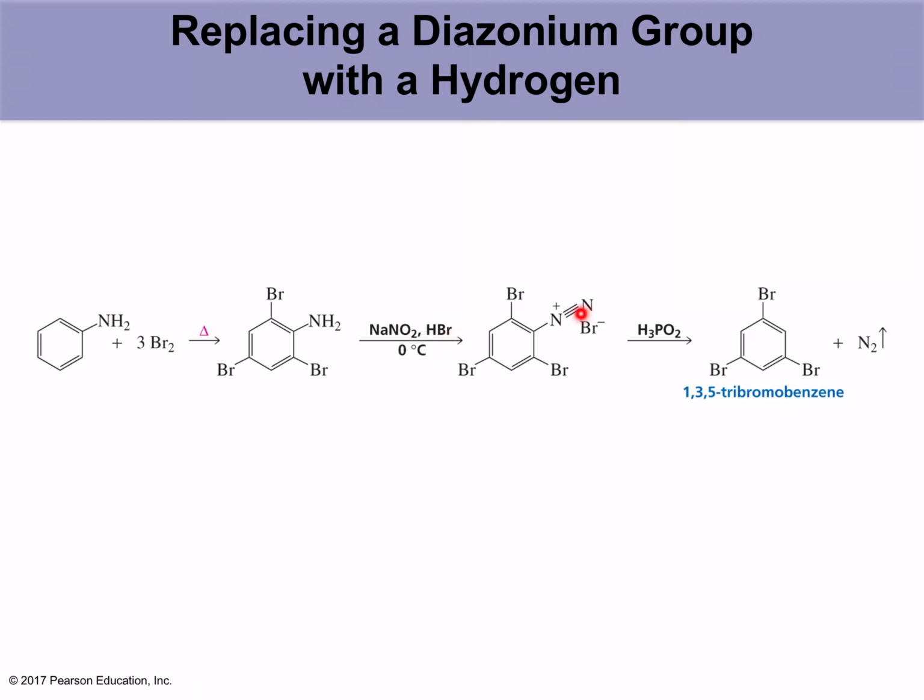And then when you heat the diazonium salt with H3PO2, phosphoric acid, we can replace this diazonium group with hydrogen. So that gives us 1,3,5-tribromobenzene.